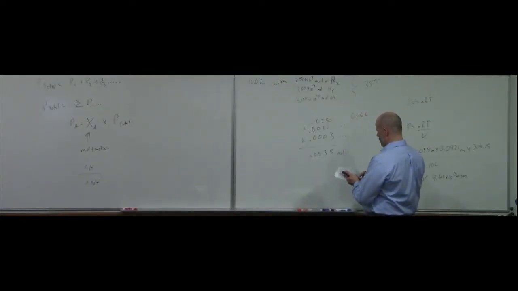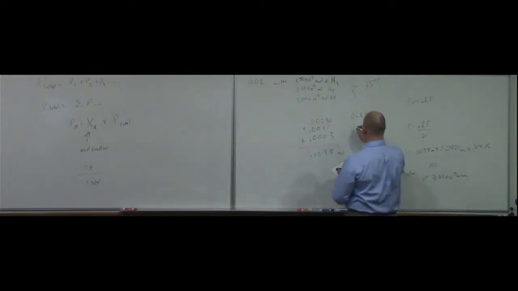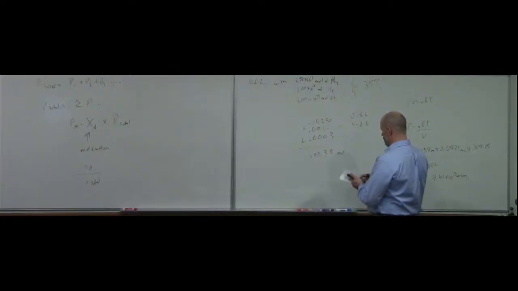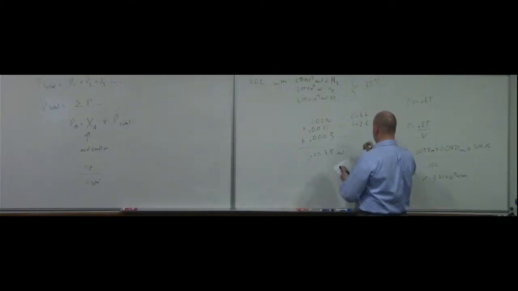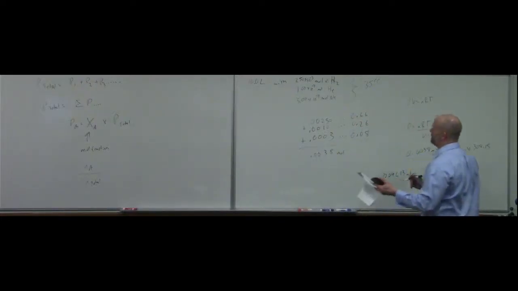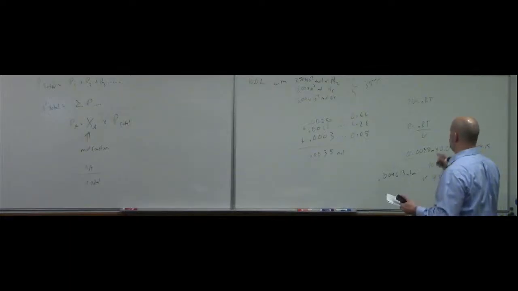We get 0.001 divided by 0.0038, and that is 0.26, and then we go 0.0003 divided by 0.0038, and that gives me 0.08. Okay, those add up, that's nice. Okay, and so those are my mole fractions.